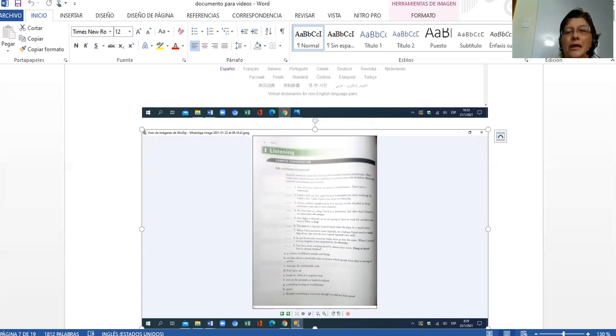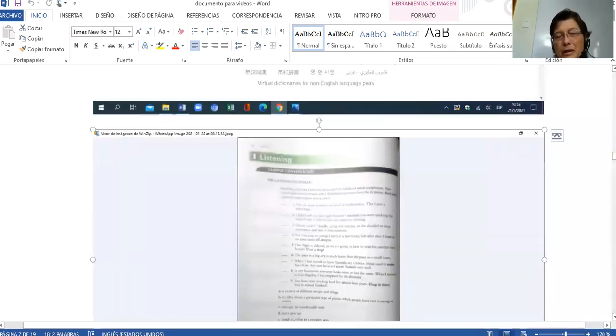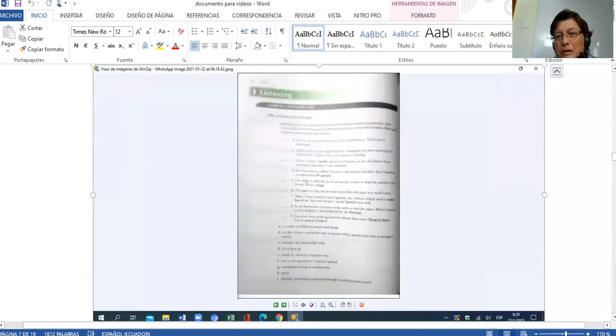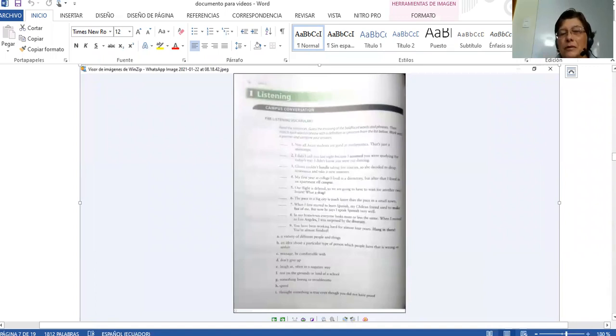So in the first part, in the first side, we have sentences, okay? And in the second part, I don't know if it's easy to see right here, we have meanings of the words.